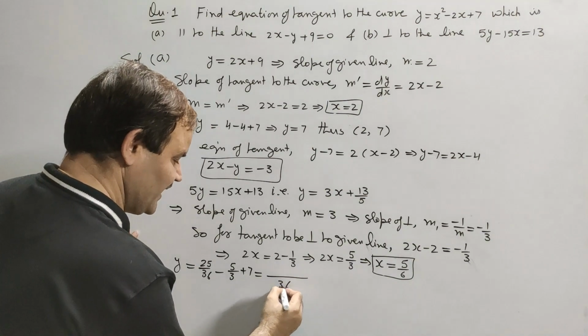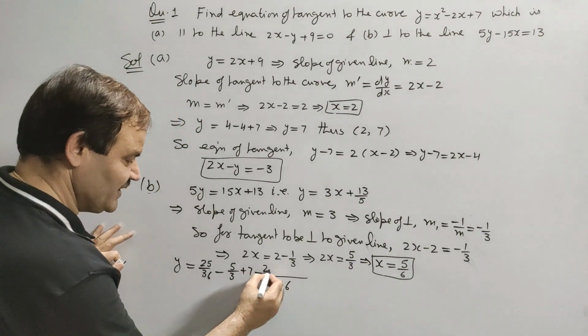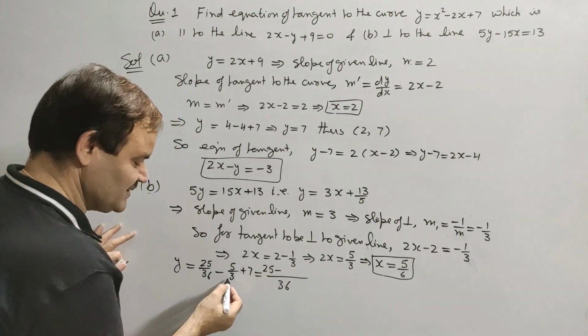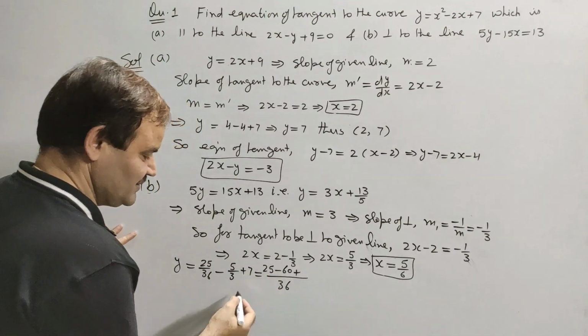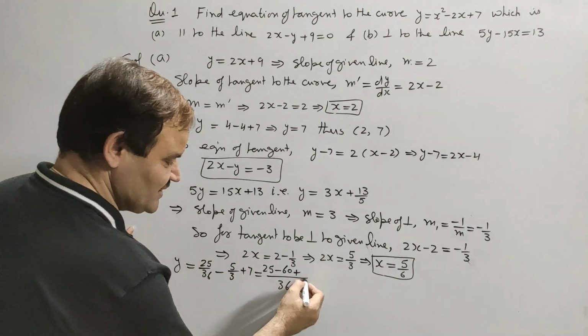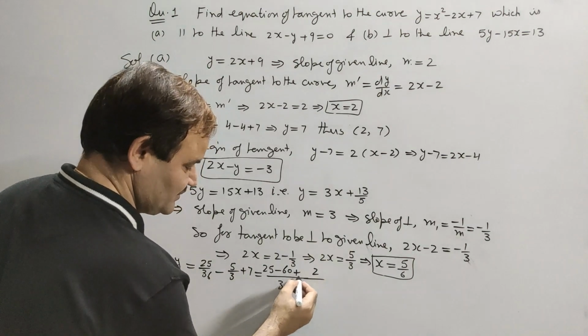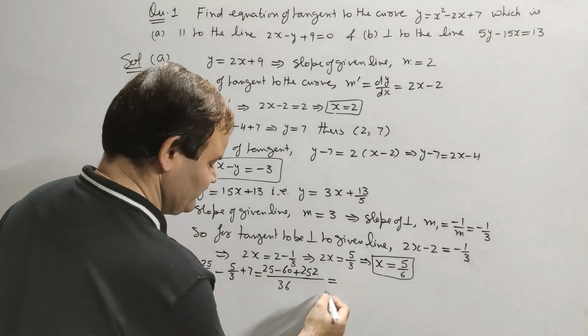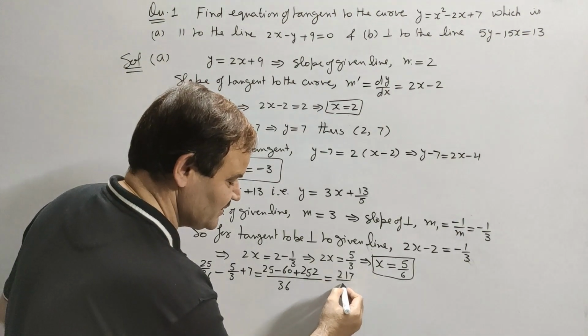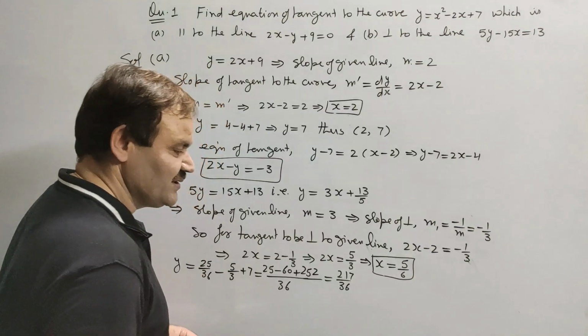Taking LCM 36, this gives 25 minus 60 plus 252, and this will give 217 by 36.